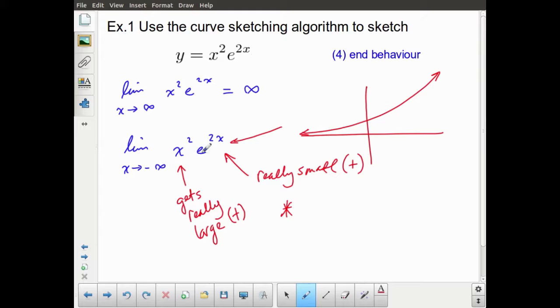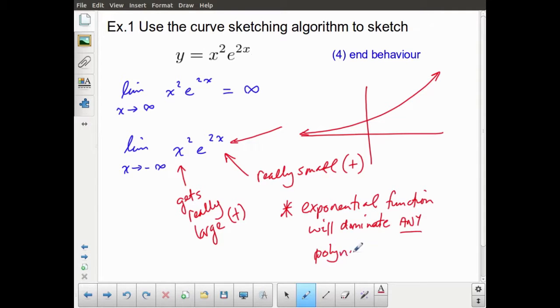First of all, you can show this to yourself. You can put in some values for x: negative 100, negative 1,000, negative 10,000, negative 1,000,000. And what we find is that an exponential function will dominate any polynomial.